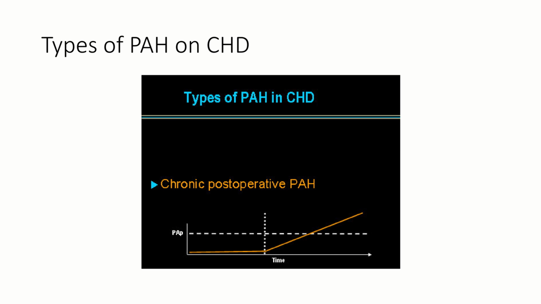And we can have a chronic postoperative pulmonary arterial hypertension. This is actually one of the most difficult to detect. If the patient has a shunt and it has been closed accurately, but after that, for unknown reasons, the patient will have chronic progressive pulmonary arterial hypertension after closing of the shunt, and this will lead to right-sided heart failure.